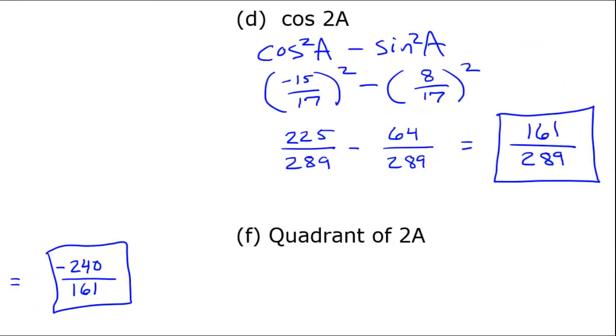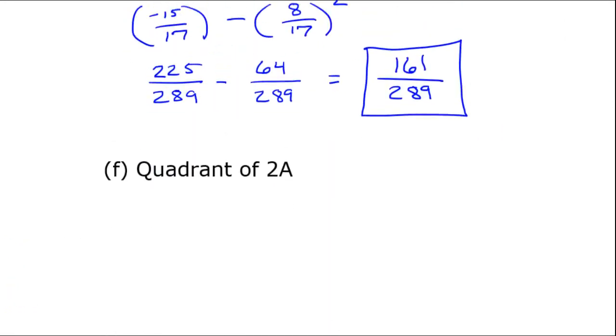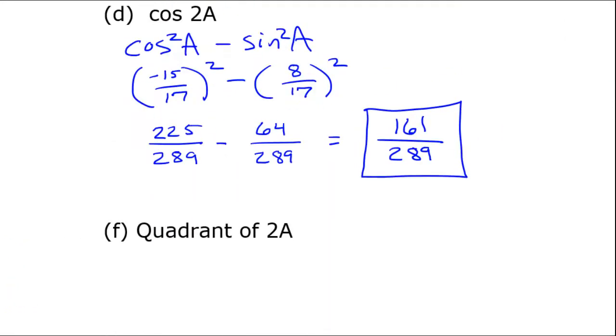Okay, so the last thing for this video, we will do what is the quadrant of 2A. Now for the quadrant of 2A, we're going to use the values that we found on the previous problems. So what we need to know is what happened with the sine of 2A and the cosine of 2A and the tangent of 2A.